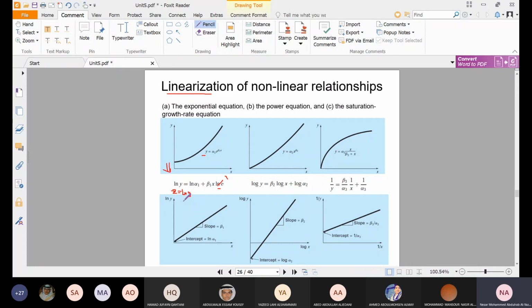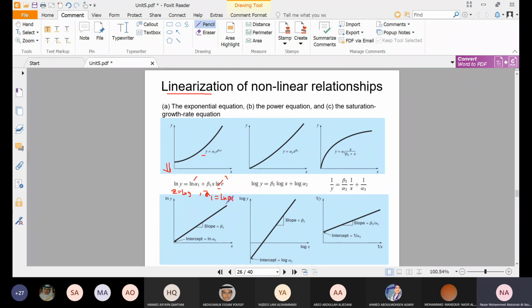Also, this term alpha I might represent by a new variable, for example a1 bar, so this a1 bar equals ln a1.